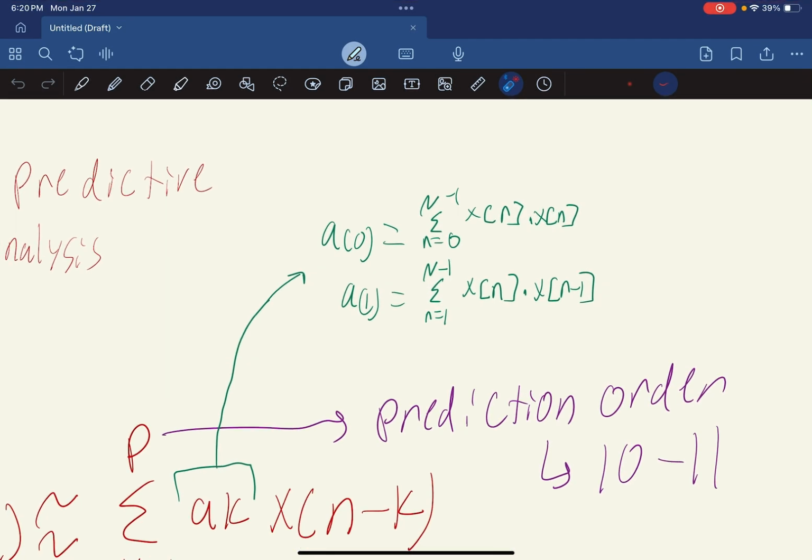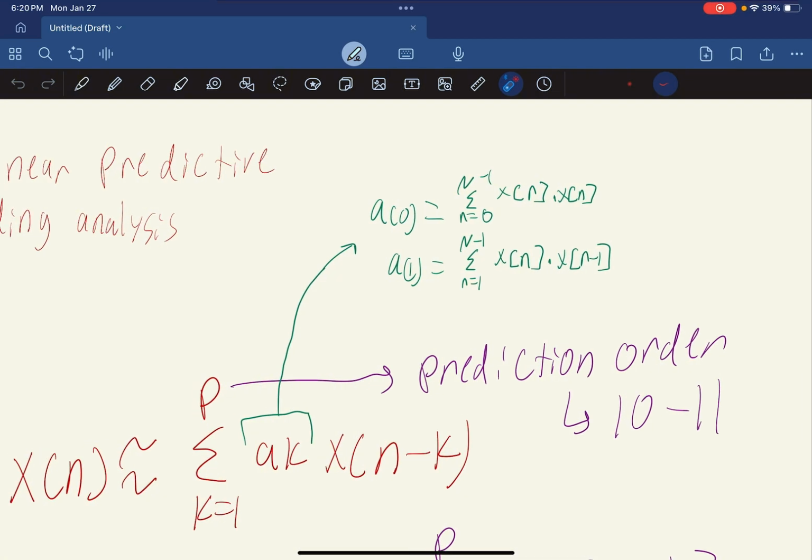So the zeroth coefficient is determined by an autocorrelation, the dot product of the function with itself, and it will be the highest coefficient. And the first coefficient is determined by a dot product between the function and a time-shifted version of itself. What is the time shift? Well, k in this case equals 1.